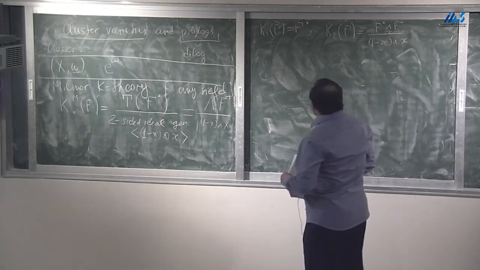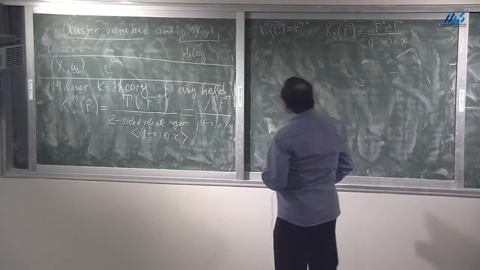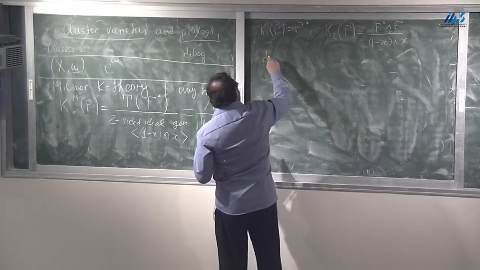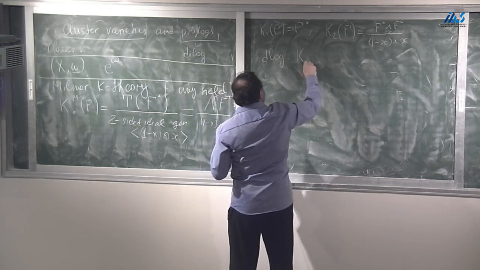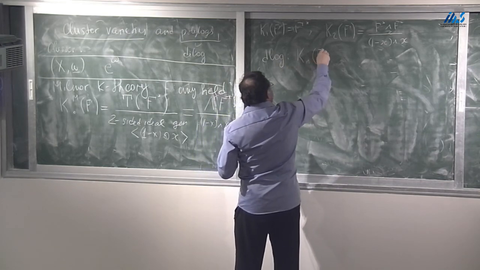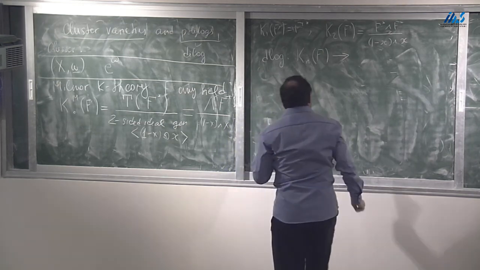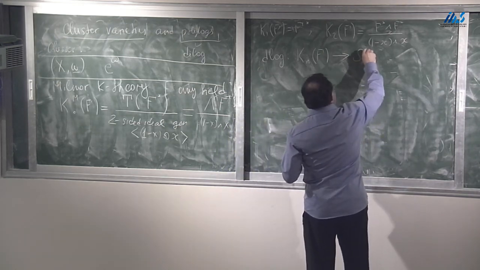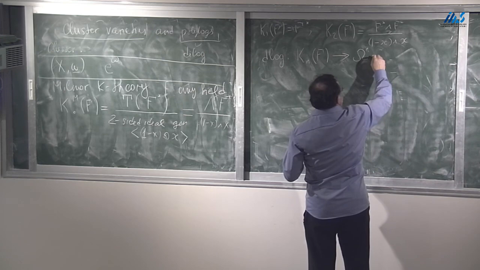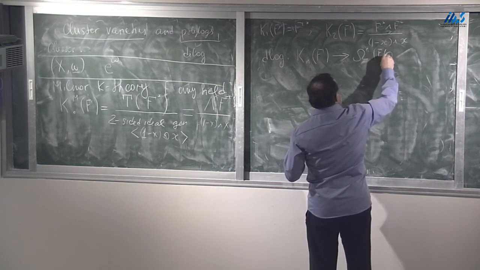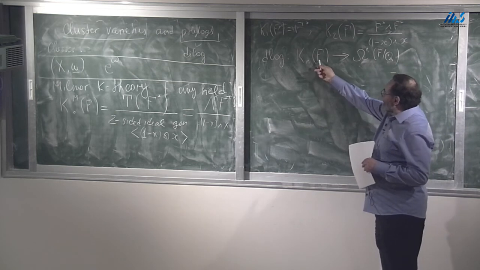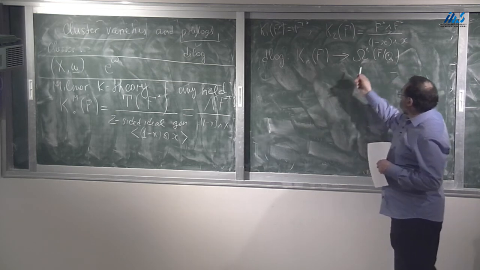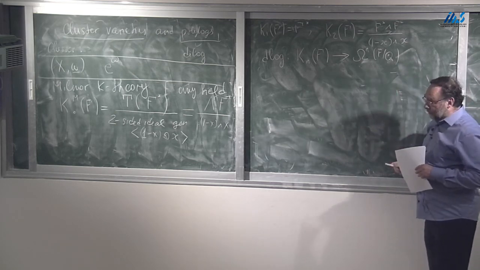Now the point is that if you have Milnor K-theory, there is a map to differential forms, d log, the differential log, which is a map from Kn of F to omega n, the Kahler differentials of F over Q. For example, if F is a field of functions on a variety, you just get differential n-forms on this variety.